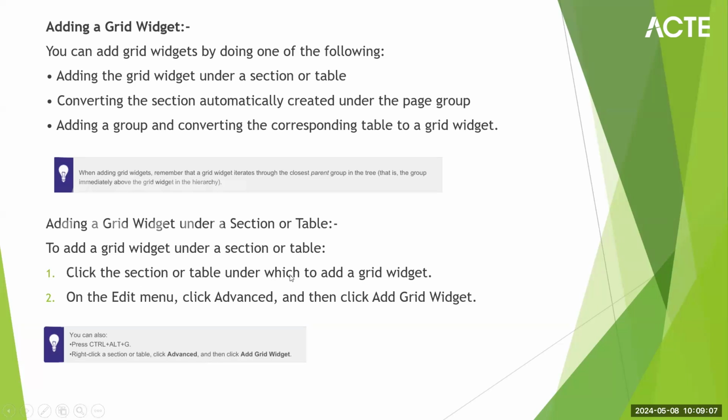Click on the section or table under which to add a grid wizard. On the edit menu, click advanced and then click add grid wizard. You can also use the shortcut Control A plus G, or right click the section or table, click advanced and then click add grid wizard.